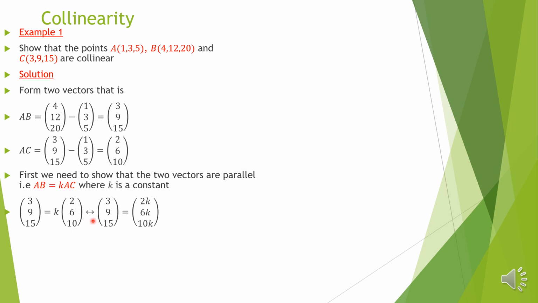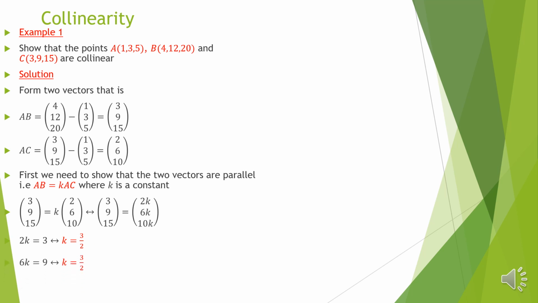This implies that 3, 9, 15, which is vector AB, is equal to, distributing this K into the bracket, 2K, 6K, and 10K, as we see it here. Once we do that, I'm going to equate each part. For example, 2K equals 3, which implies K is equal to 3 over 2.